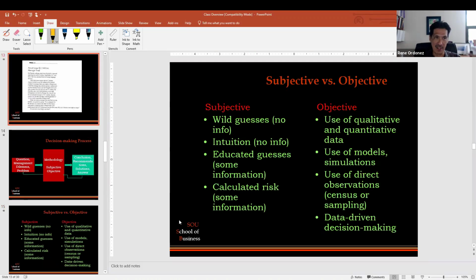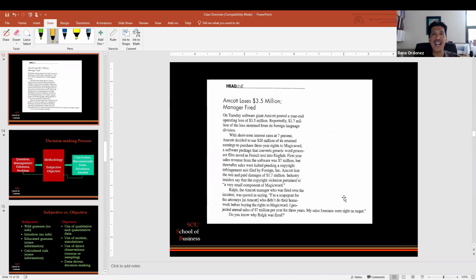Again, that is the case in the Almcut. Ralph had the perfect information, but he just did not process the information correctly, so he made an incorrect conclusion regarding the profitability of the investment.